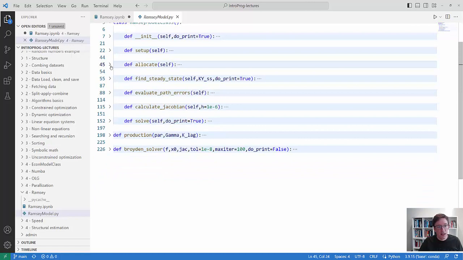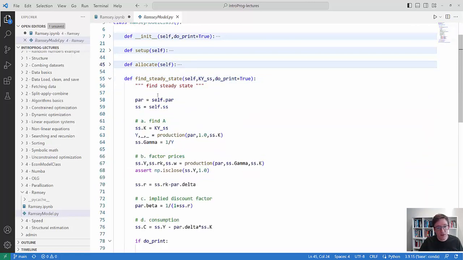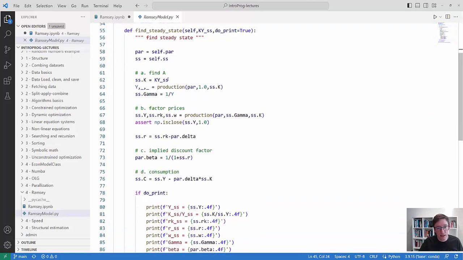Close this. Then to find the steady state, what I am doing in practice here is I'm saying I want my steady state to be this number I put in here for capital. Then I find out what my production function is if I set in a gamma of 1. Then I come out with a y, and then I say my gamma should equal the inverse of this, because then my y will be equal to 1. I put the values back in here, and then I check that actually my y is equal to 1.